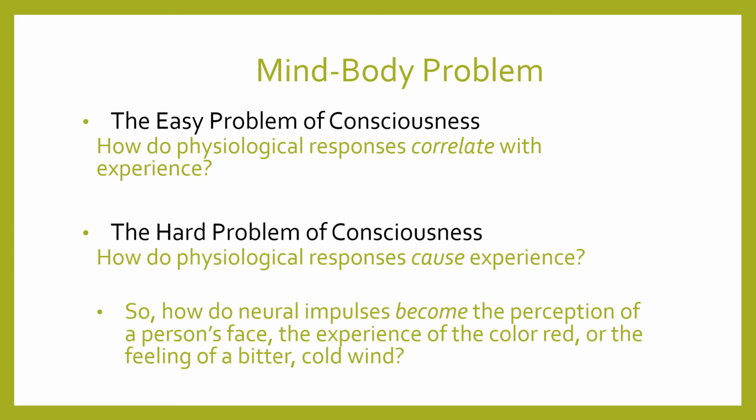But this mind-body problem is often referred to as the hard problem of consciousness, coming from David Chalmers. There's an easy problem of consciousness, which is how these physiological responses correlate with experience. Most of the research is looking at correlations.